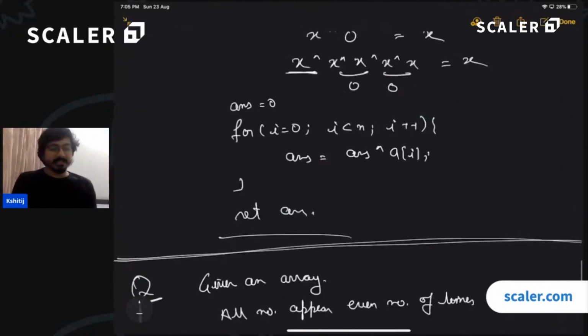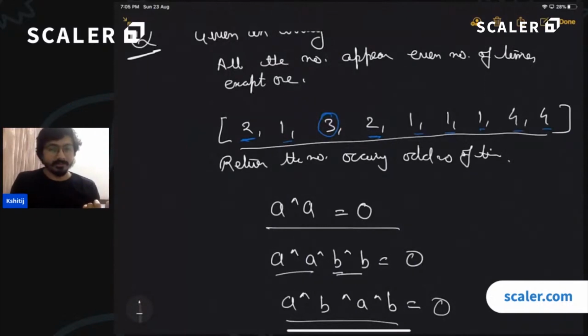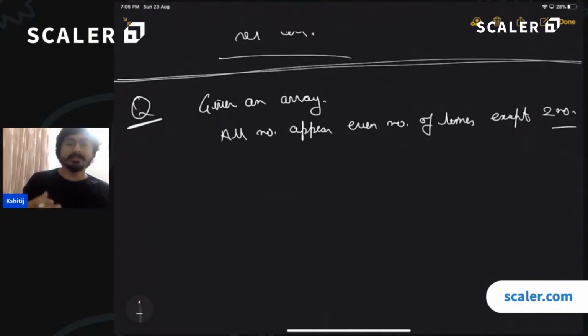Initially there was exactly one number which was appearing an odd number of times, right? In this case, there are two numbers which are appearing an odd number of times. All the other numbers are appearing an even number of times.